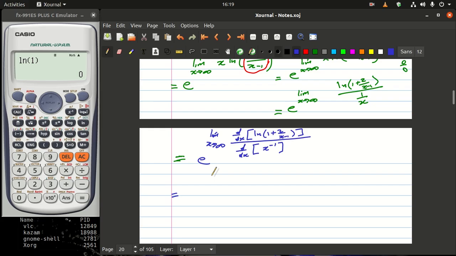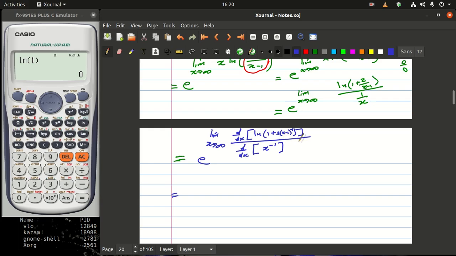And then if you look carefully into this part here, you will find out that this part is just the same as 2 times x minus 1 all raised to minus 1. Right. So we wanted to take the derivative of this.